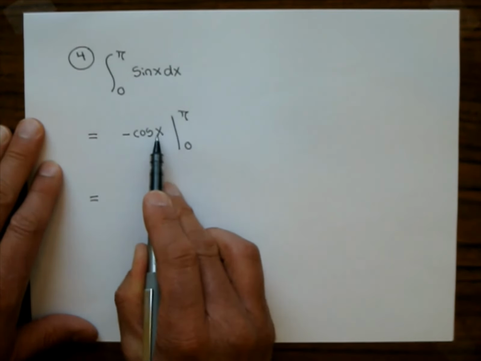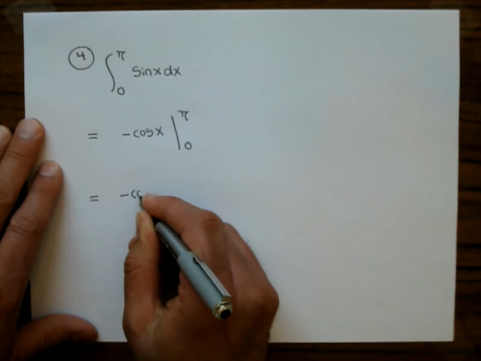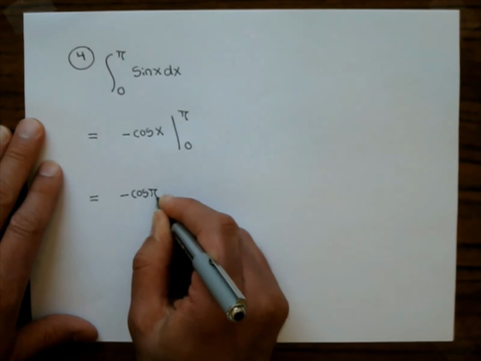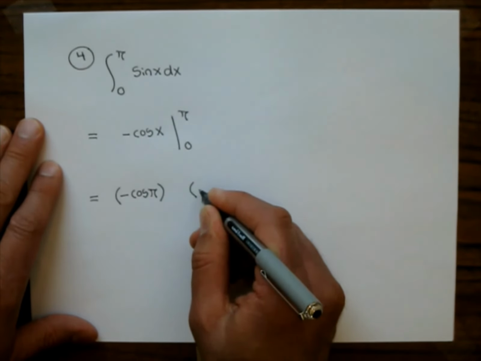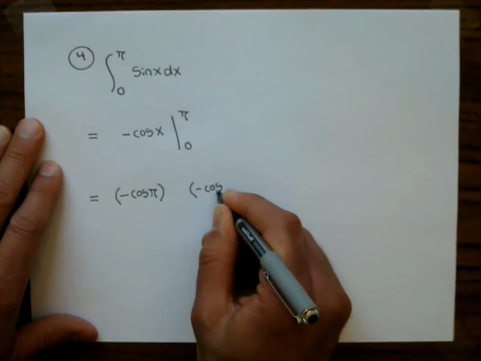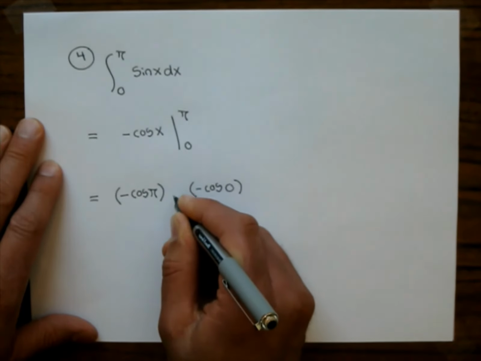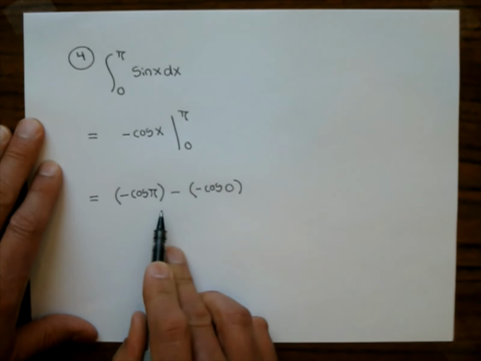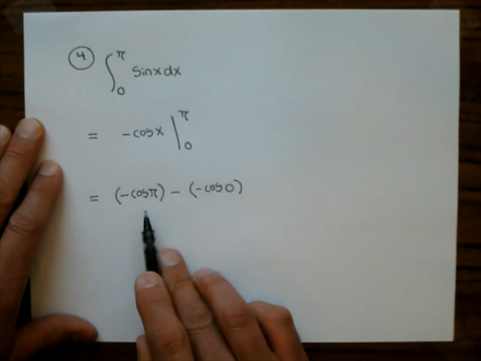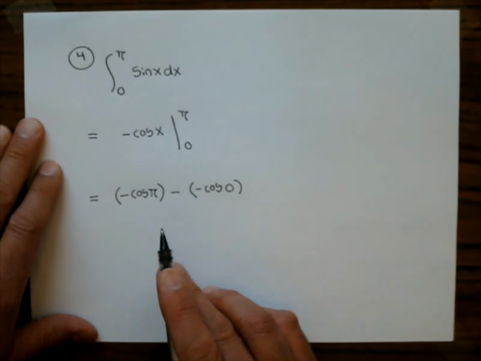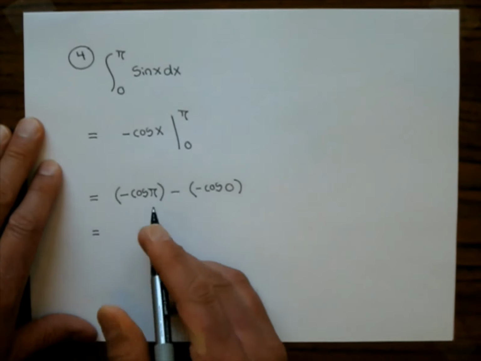So when I put a pi in there, I'm going to get negative cosine pi. I'll put parentheses here. And then when I evaluate this at 0, I get negative cosine 0, and there's a minus in between. That is the fundamental theorem of calculus, where you take the antiderivative, do those two evaluations, and take the difference.